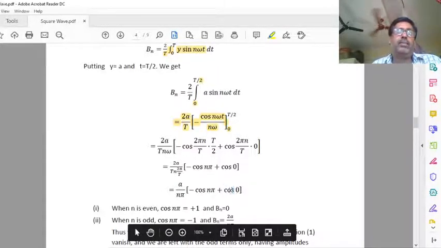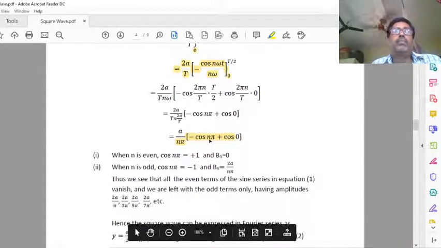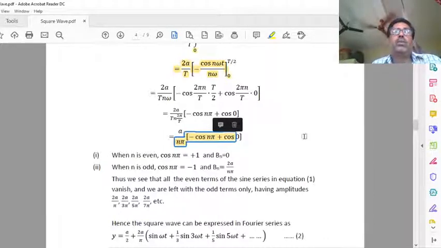We get this one. Now here we have to apply situation conditions, or you may say here pi, cos 180 degree, cos 360 degree, cos 270 degree. So if we get different values, then it is necessary to discuss the situation.